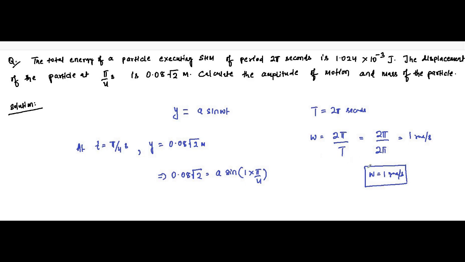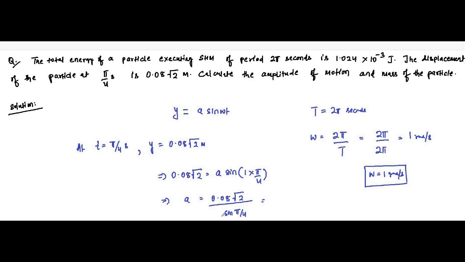This is because omega we have calculated as 1 radian per second and t is equal to pi by 4 seconds. That implies A is equal to 0.08 root 2 by sine pi by 4.